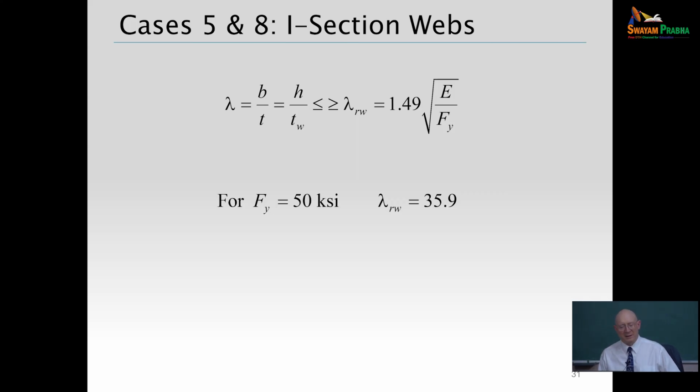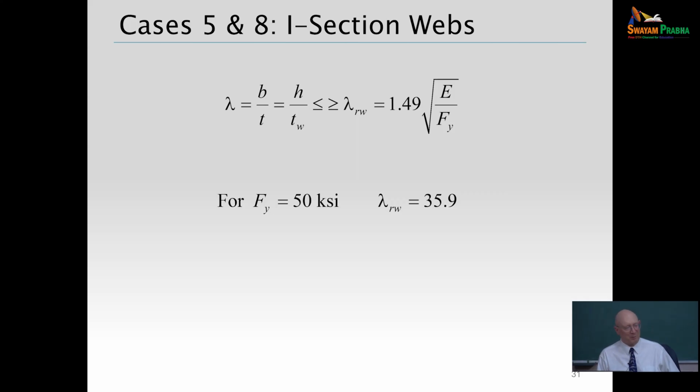But if we get more into the beam type sections, those are sections that are intended more for flexure, and so they're relatively deep compared to the width of the flanges, and so you can get rolled wide flange sections that have depth to width of the flanges in the order of about 3. Quite a large number of those would classify as having a slender web under uniform axial compression.